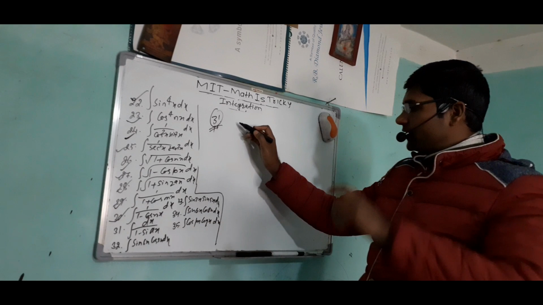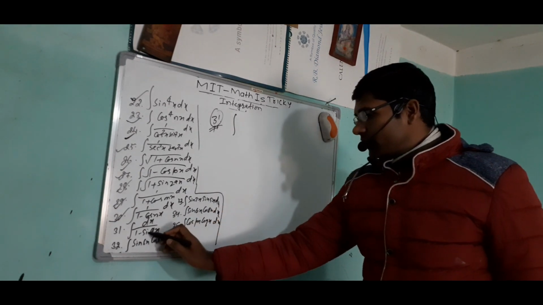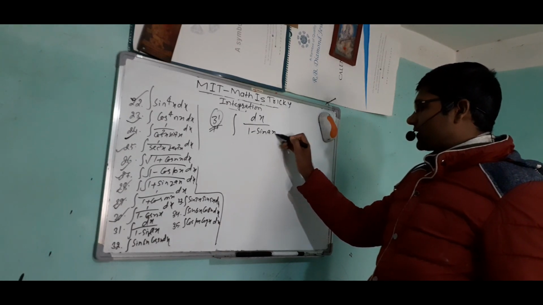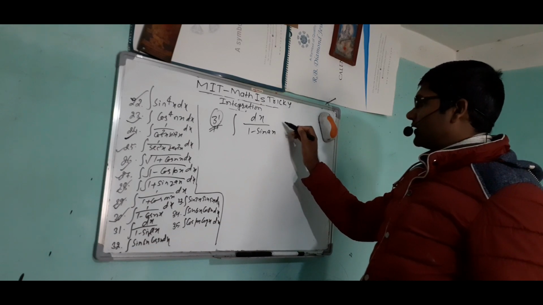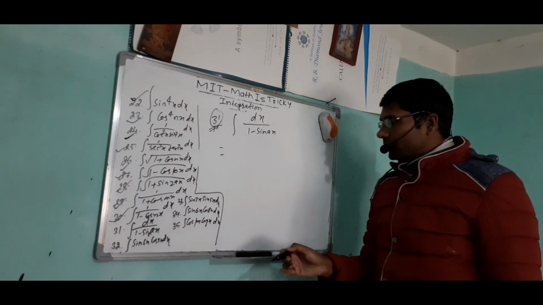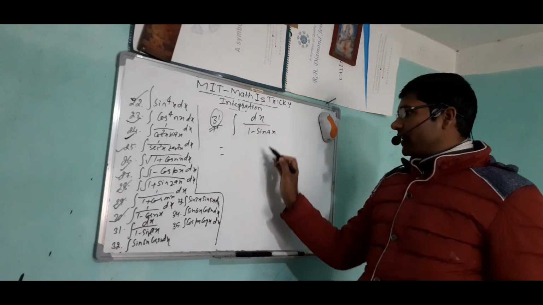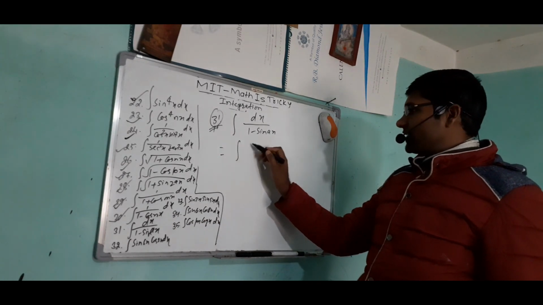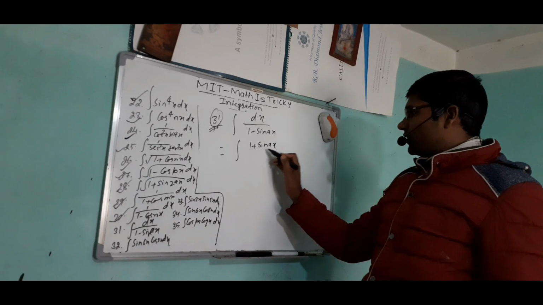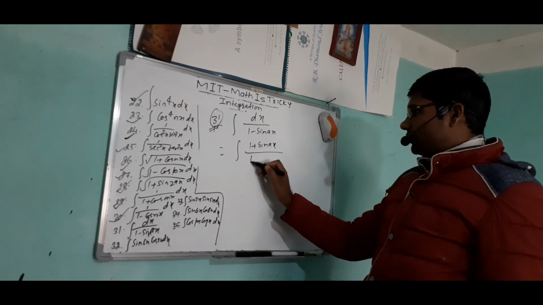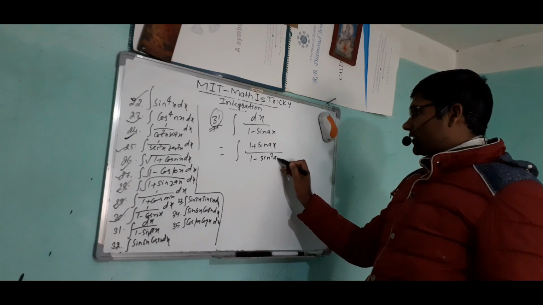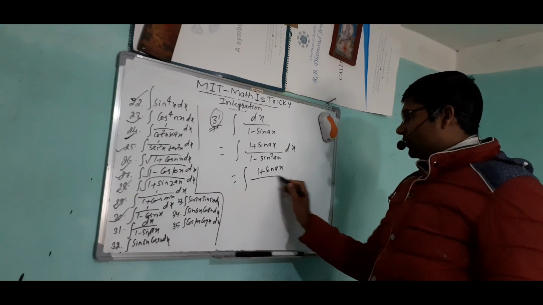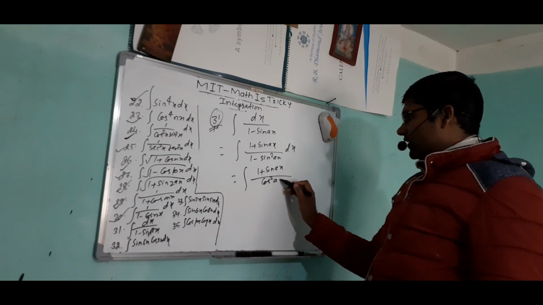Question number 31: 1 by 1 minus sine ax dx. So how can we solve this problem? Very simple. In this case, we don't have a formula for this, so we'll try to rationalize it. By rationalization, multiplying by 1 plus sine ax, we get a plus b times a minus b, so it will be 1 minus sine square ax dx, and it gives 1 plus sine ax by 1 minus sine square, which means cos square ax dx.